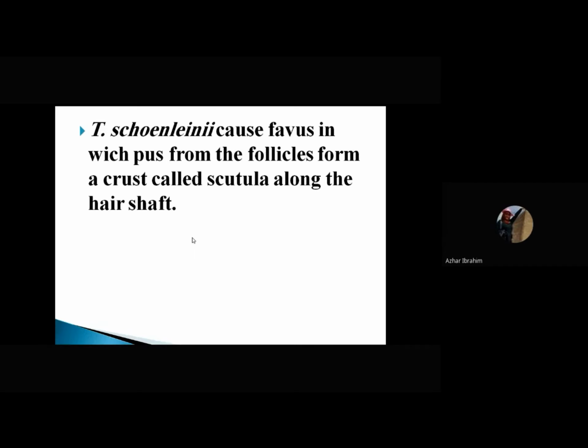Scutula means it looks like a cup which covers the hair shaft, along the hair shaft. This is referred to as favus, caused by Trichophyton schoenleinii. These are the most important terms: favus, kerion, and tinea capitis. These are the most important terms that you should know, and in the future you will know the details, inshallah.